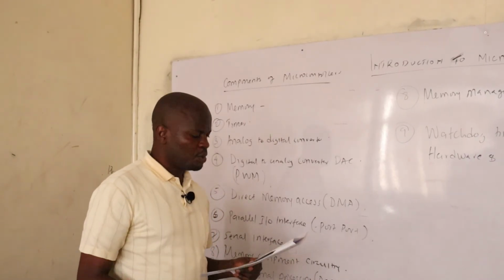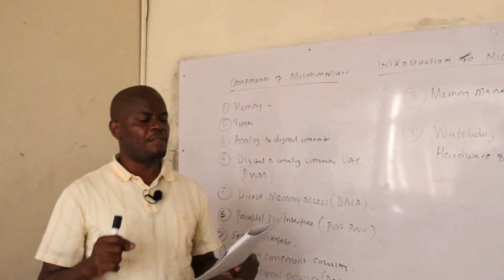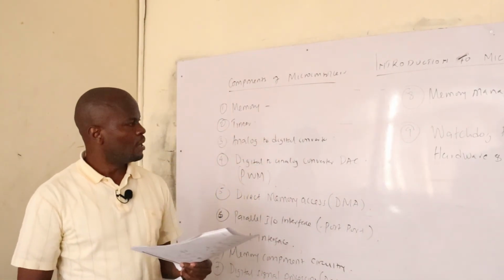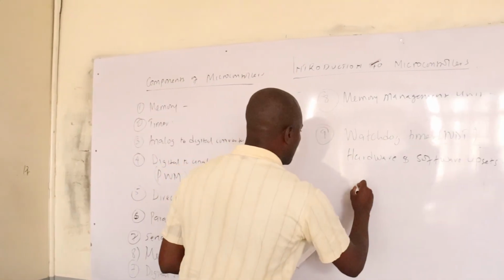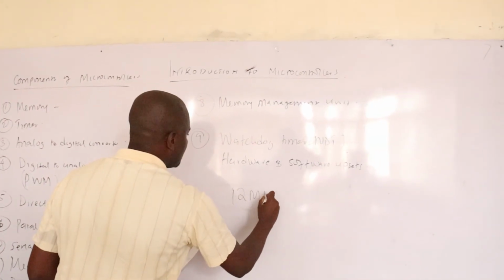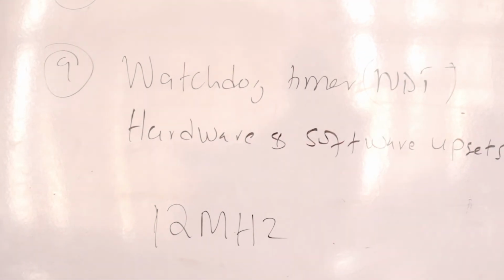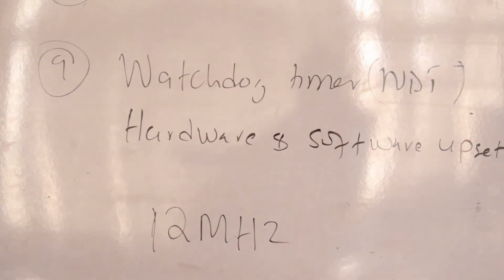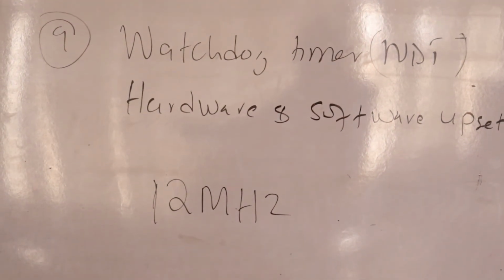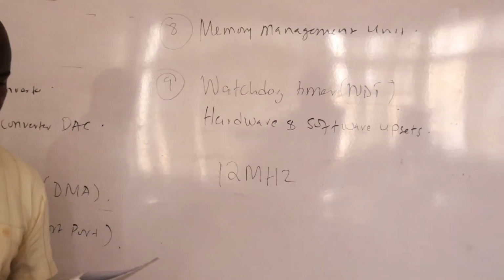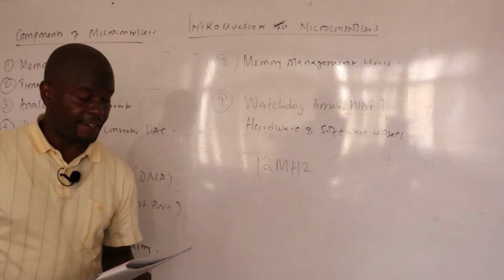The process itself usually prevents the system from having a malfunction for longer than 16 milliseconds, and this is usually under 12 megahertz frequency operation. And when this WDT overflows, it usually pulls the reset pin for at least 2 state times, resetting the microcontroller and other devices connected to the reset line.